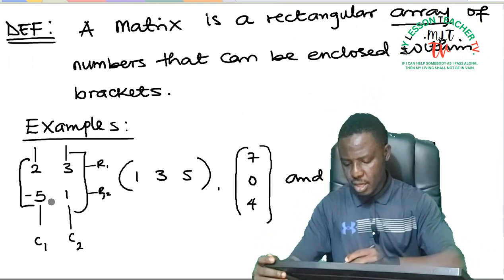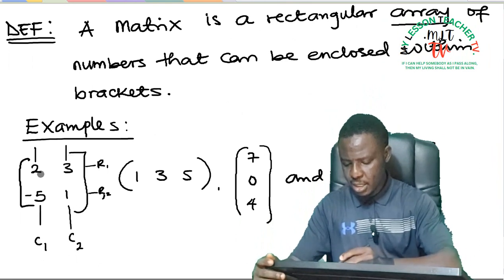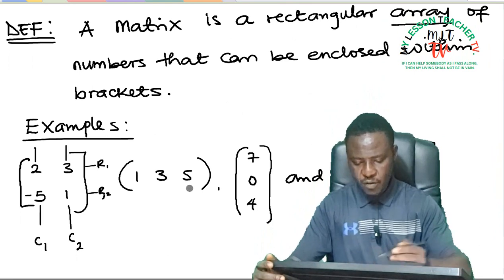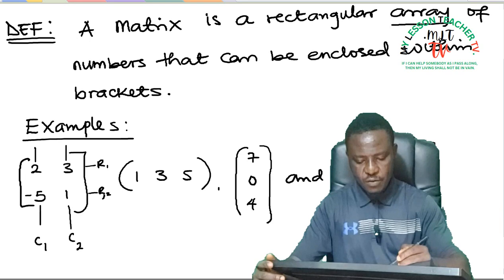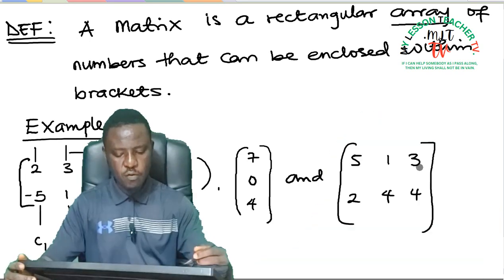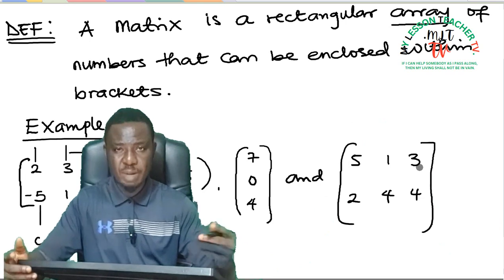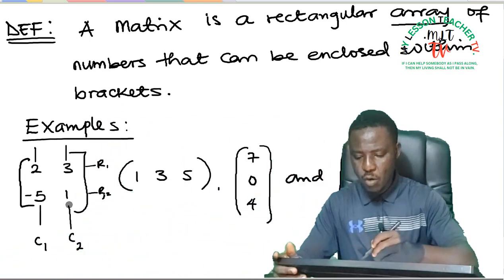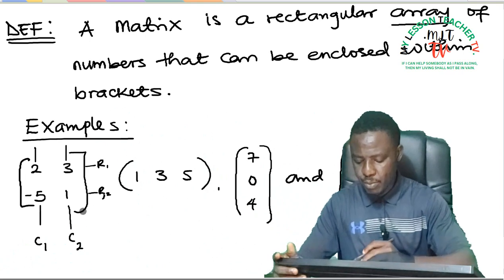We have A, arranged in brackets: 2, 3, minus 1, 5, and we have 1, 3, 5. We also have 7, 0, 4, and 5, 1, 3, 2, 4, 4. These are examples of matrices. A matrix, just like we said, is an array of numbers in brackets.